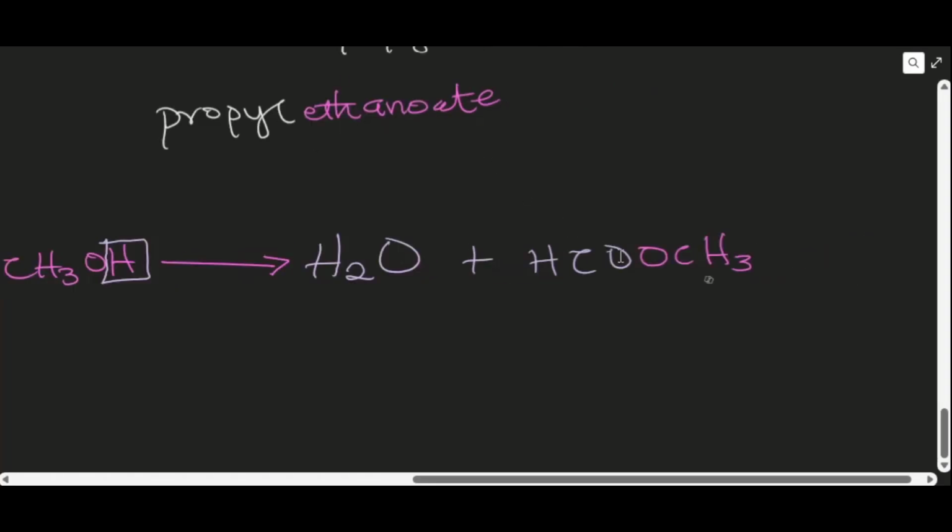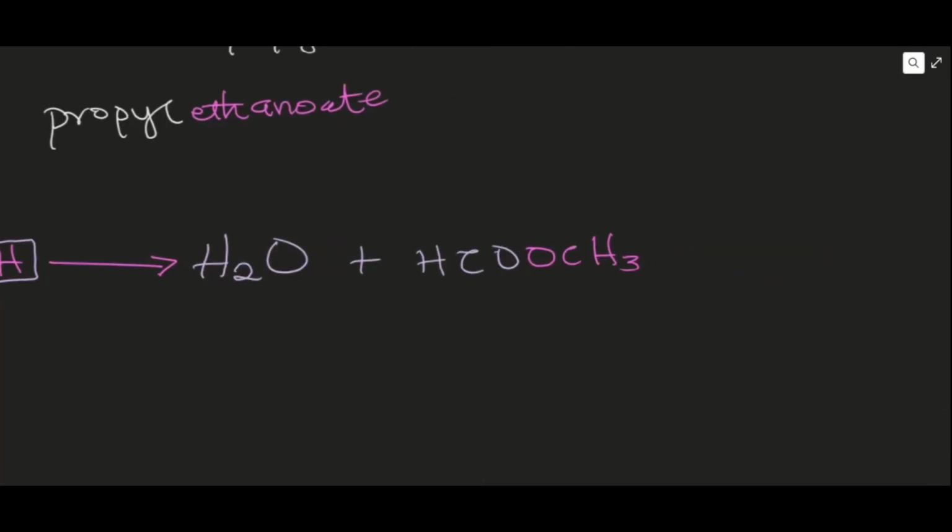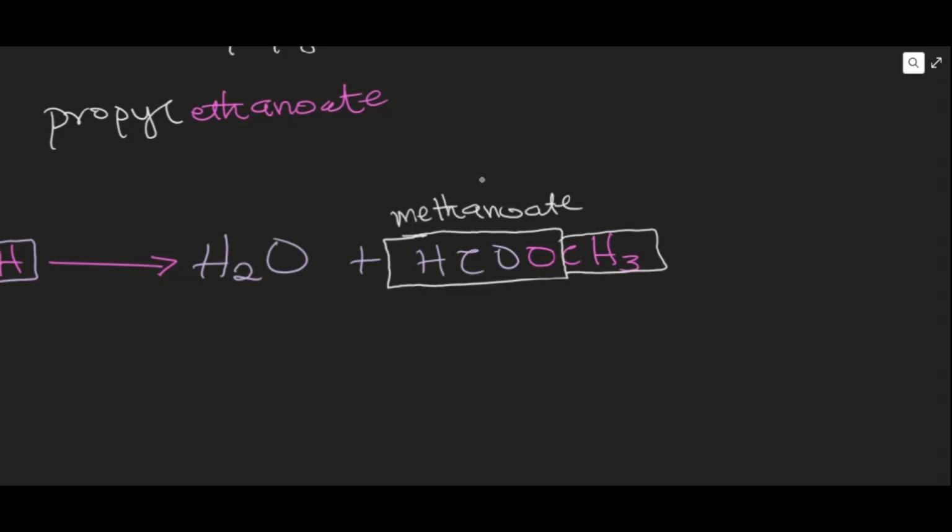So if you want to name this compound, you will take that O from the alcohol, add it to the acid like this. So this is methanoate. And what we have left of the alcohol is methane minus 1 hydrogen atom. And what is that?